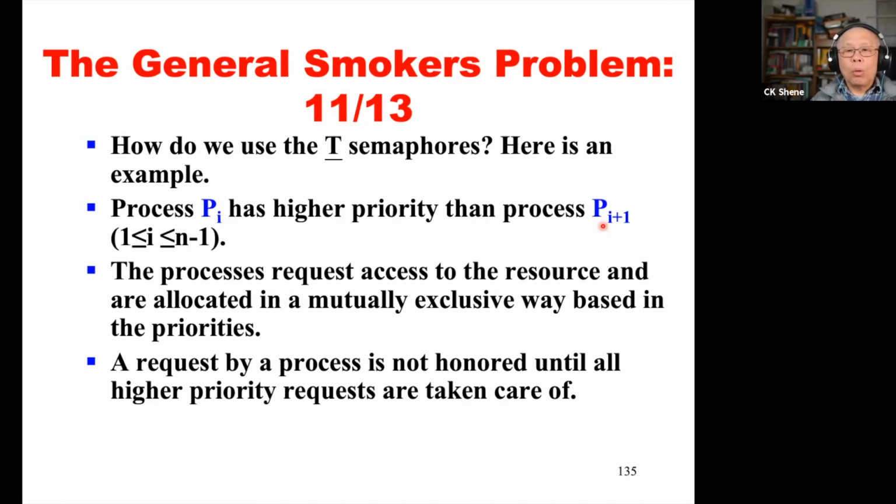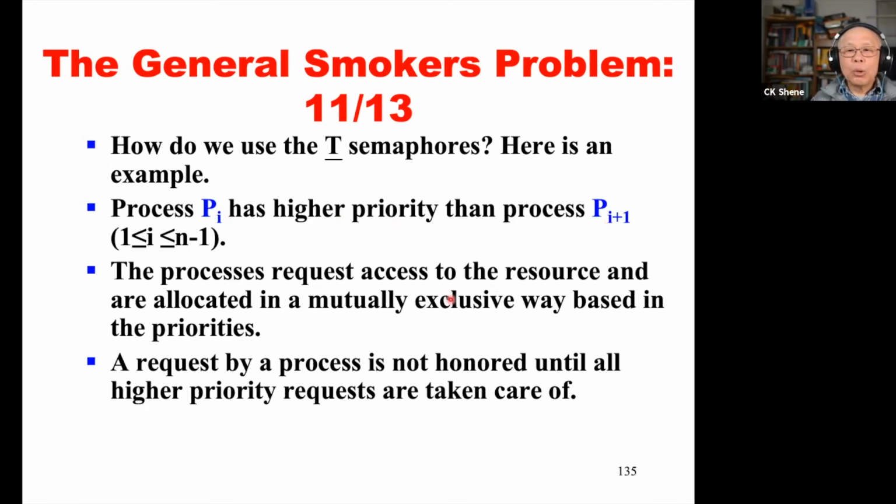So each process has an assigned priority. Remember, when we talk about the process control block, the PCB, one of the items is process scheduling priority, right? So that priority can be used for resource allocation as well.